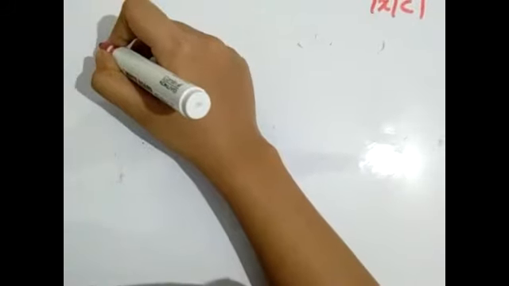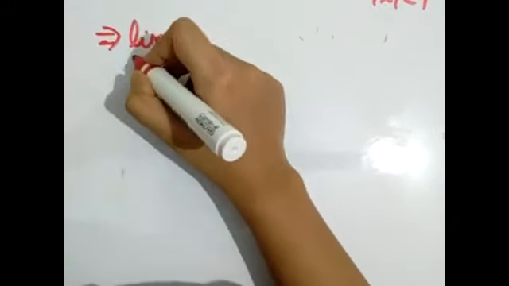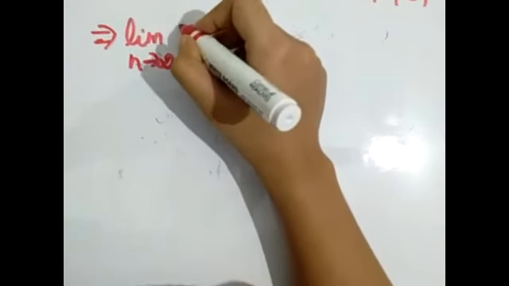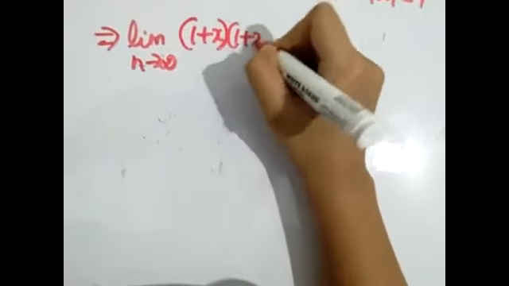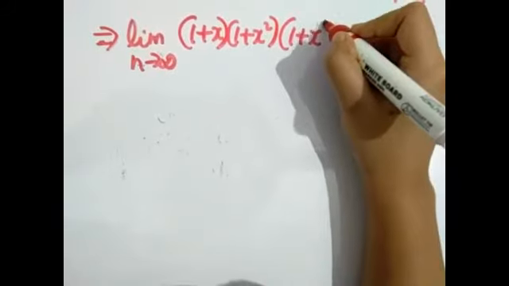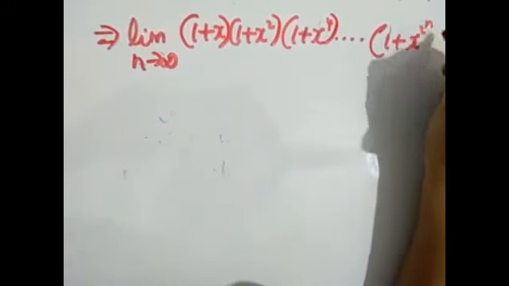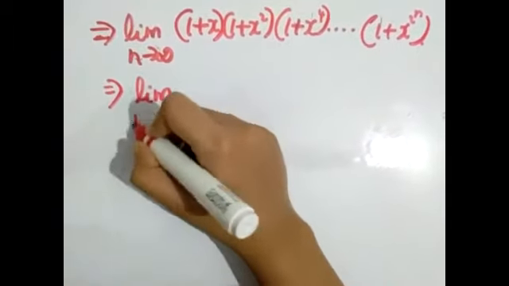First, I'll equate it to limit n tends to infinity. I'll just write the question once more: 1 plus x, 1 plus x square, 1 plus x raised to 4 up to 1 plus x raised to 2 raised to n.